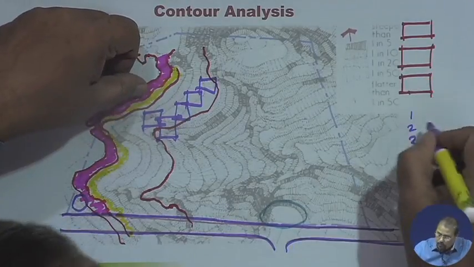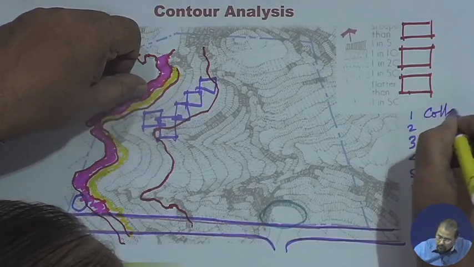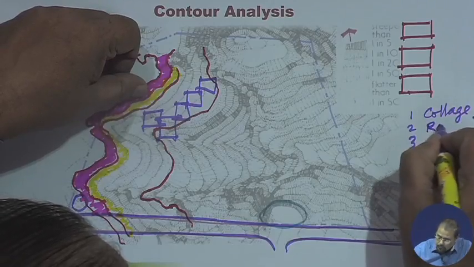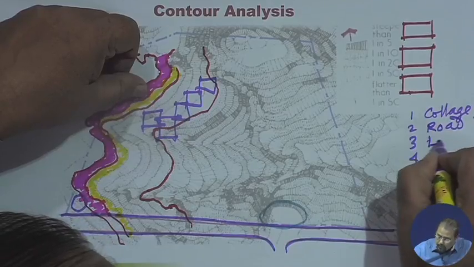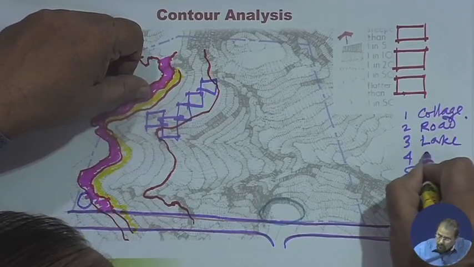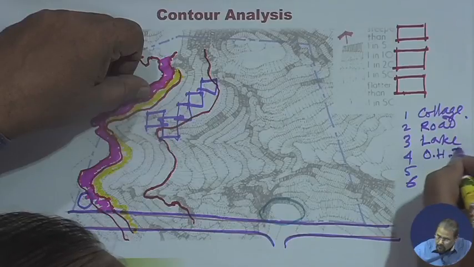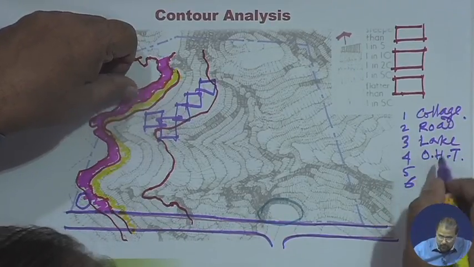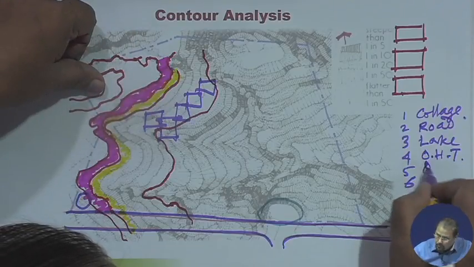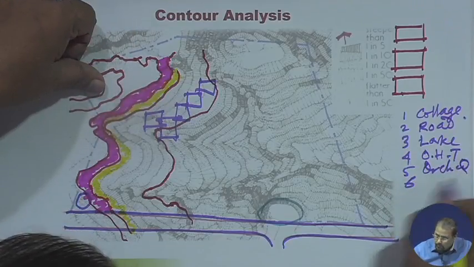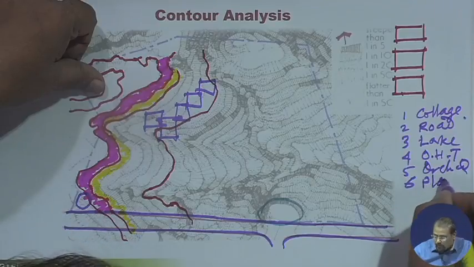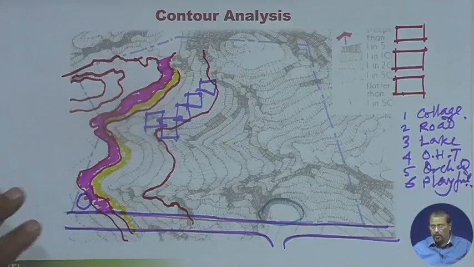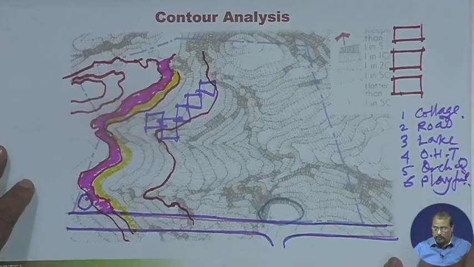I am just trying to draw cottage, road, lake, overhead tank, orchards, and a playfield. I have deliberately done it. So these are the 6 functions which I find to be the prime in this particular site.